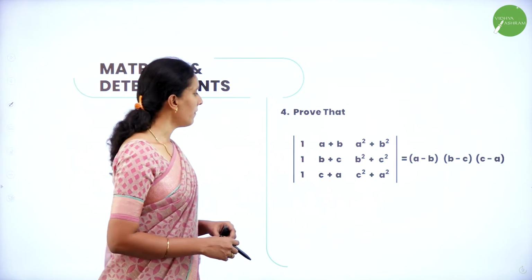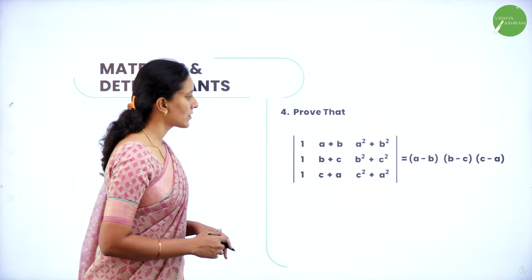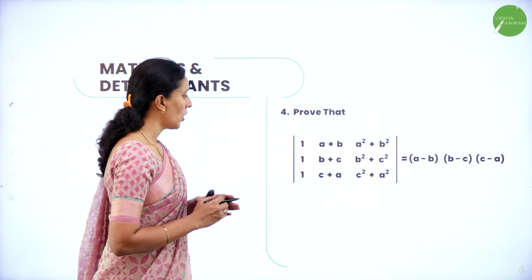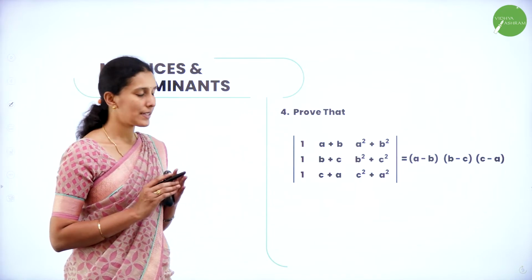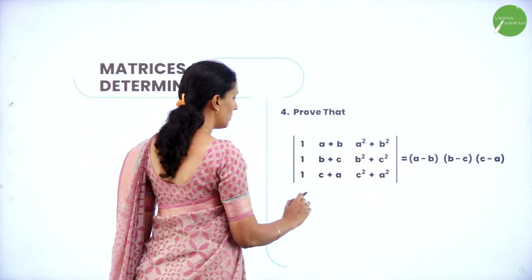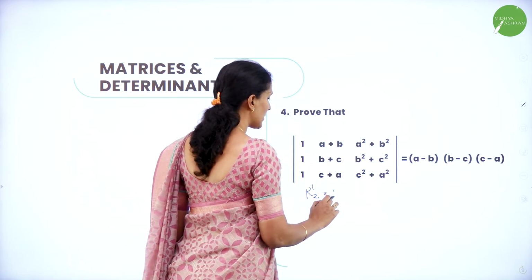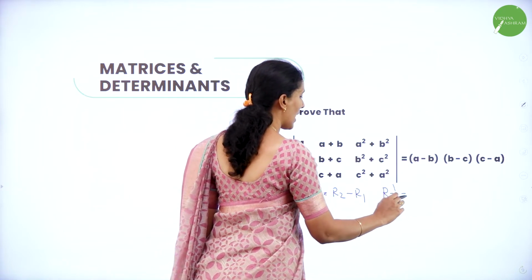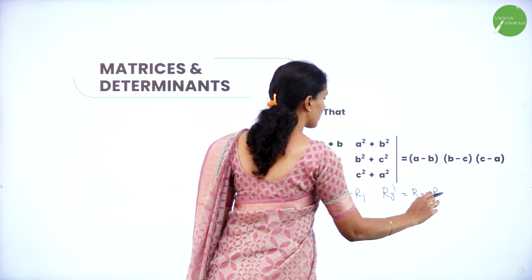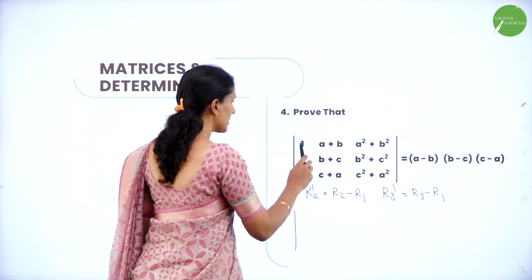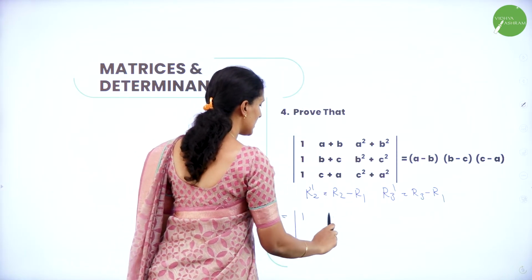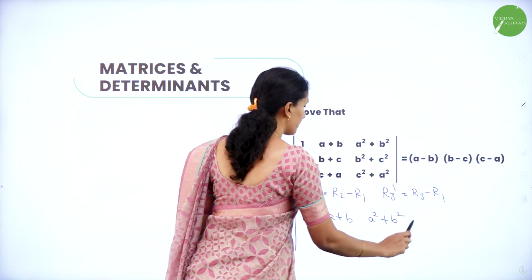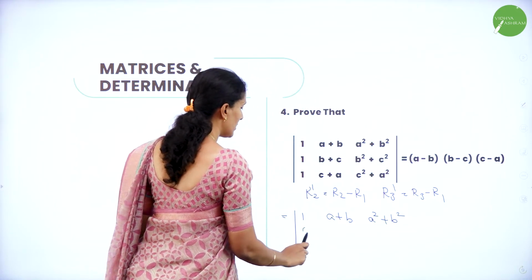So next we have 1, a plus b, a square plus b square; 1, b plus c, b square plus c square; 1, c plus a, c square plus a square. So here I'll do R2 dash is R2 minus R1 and R3 dash as R3 minus R1. Then I'll get the determinant as 1 as it is, a plus b, a square plus b square. 1 minus 1, 0.